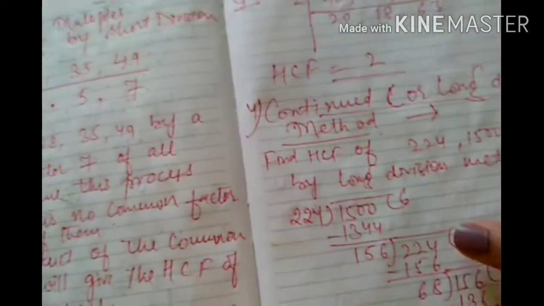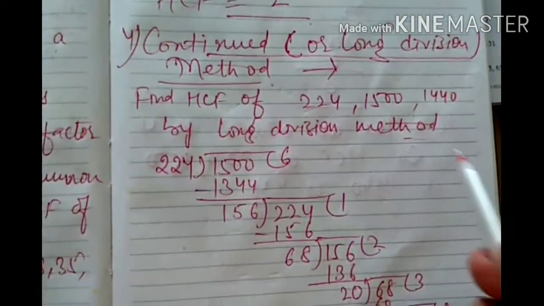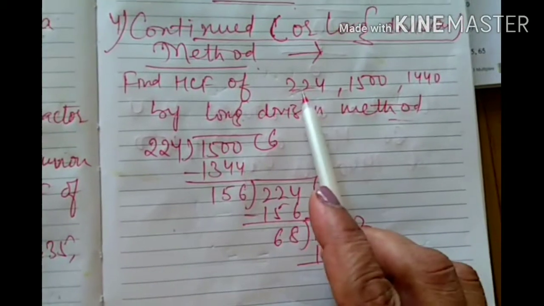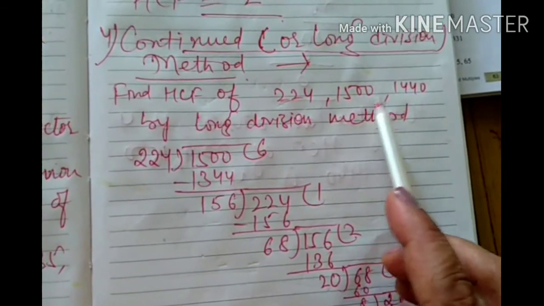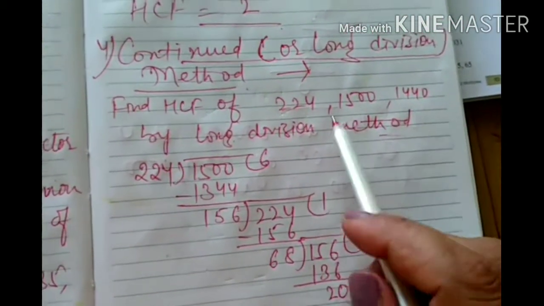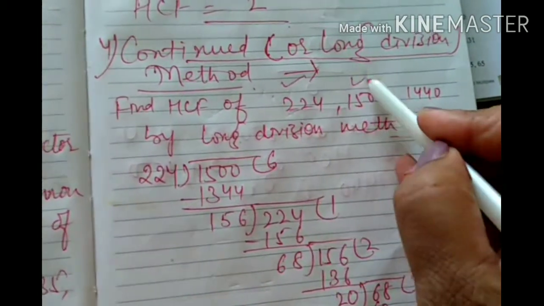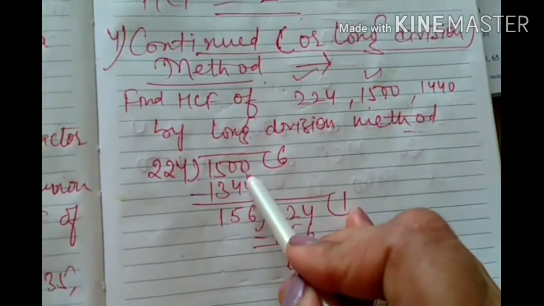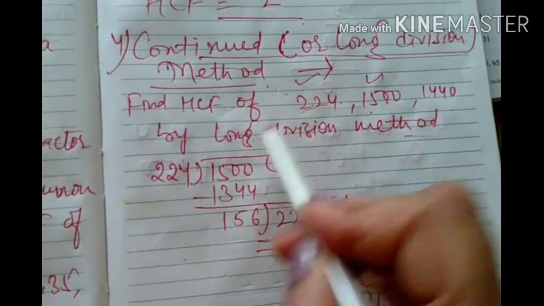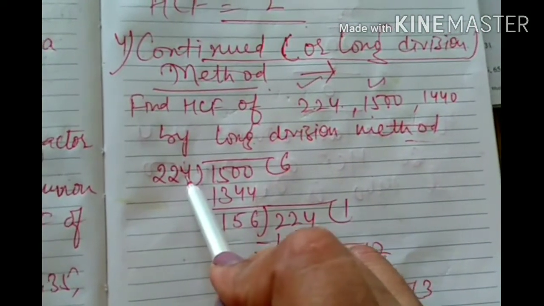Let's take another example. Find the HCF of 224, 1500, 1440. Now take first these two numbers. 1500 is the bigger number, taken as dividend, and 224 can be taken as divisor.